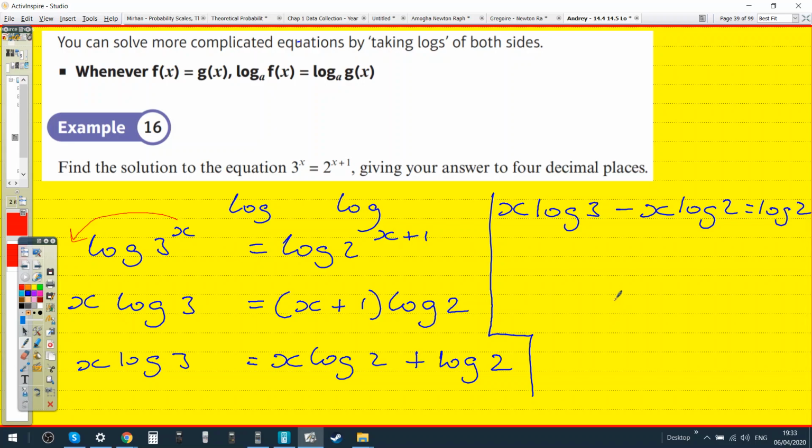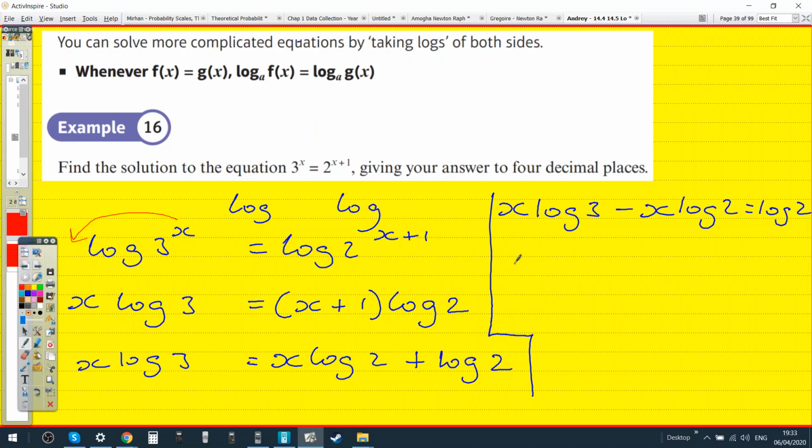And then would the calculator give me a nice answer from here or probably not? Probably, but how would you go from having two x's to just one? Is this x log 3 over 2?